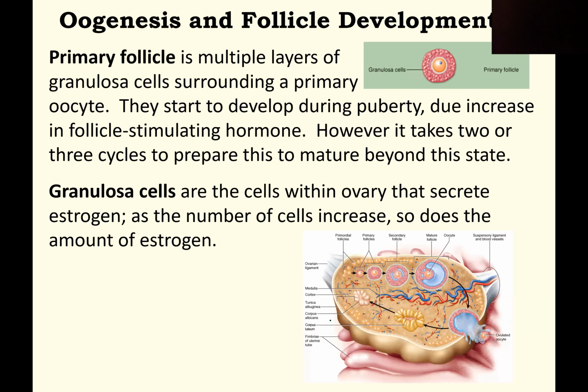Primary follicles are the second stage that we're going to define. Primary follicles have multiple rows of granulosa cells surrounding the primary oocyte.